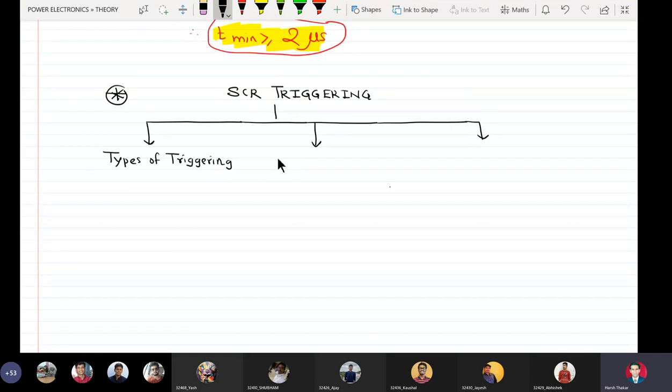Second is called turn on methods. And third is called triggering circuits. Types of triggering circuits.